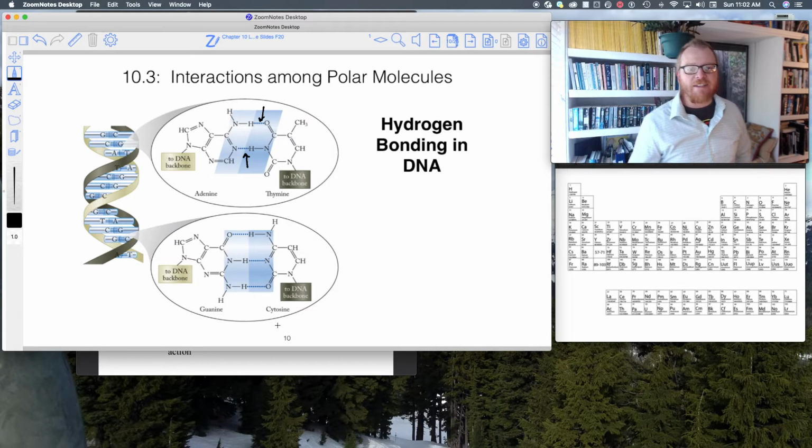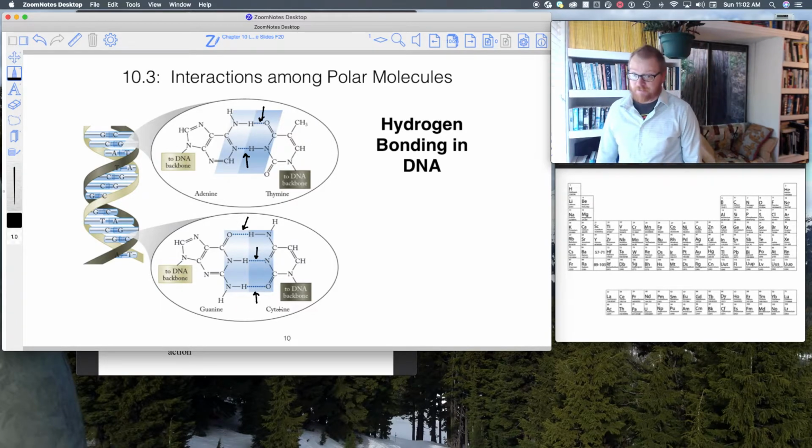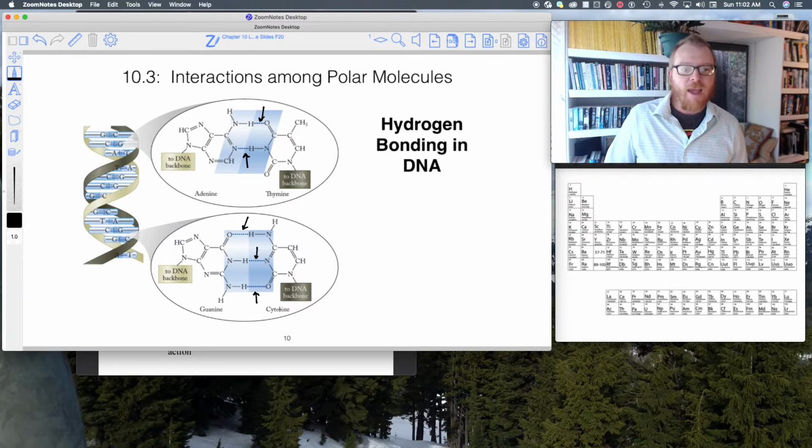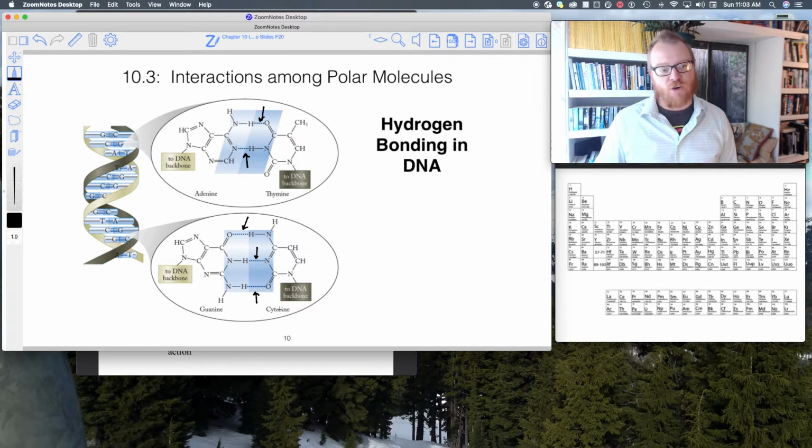If you look at guanine and cytosine, there are actually 3 hydrogen bonds between G and C that can get created. And again, it's important to note, this is not an intramolecular bond. This is not like covalent. They're not sharing electrons.